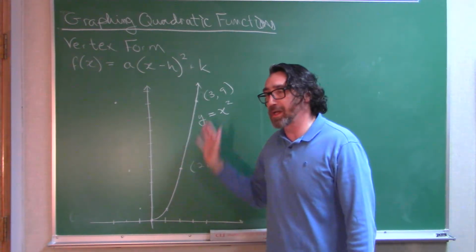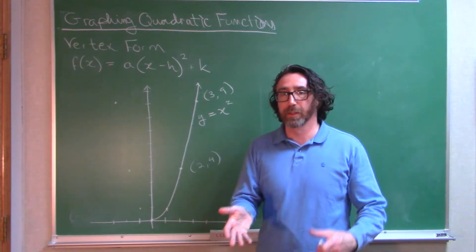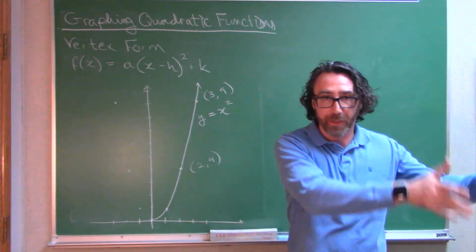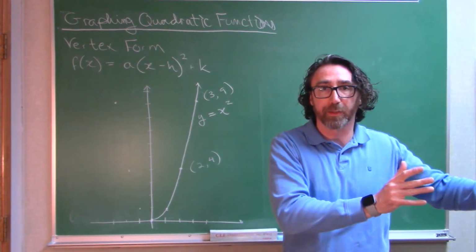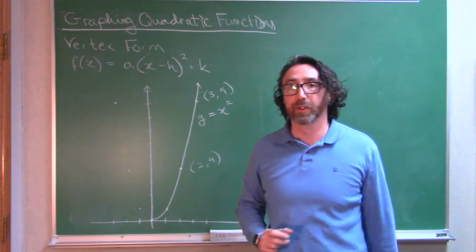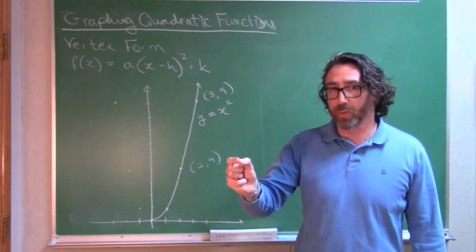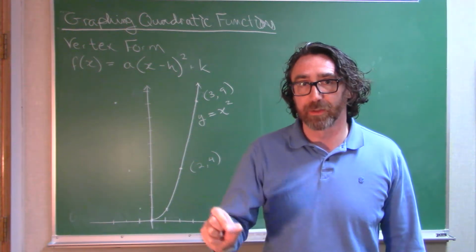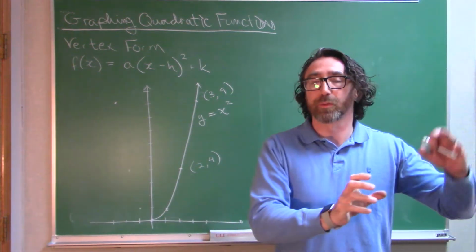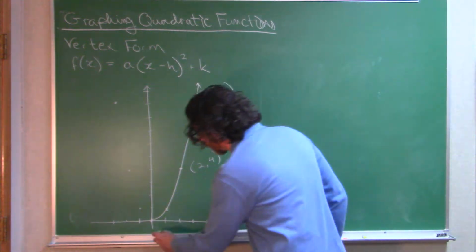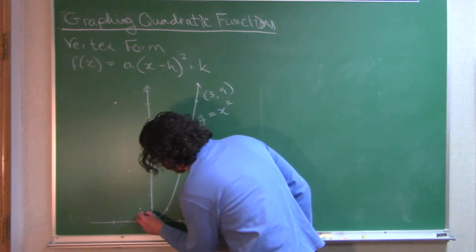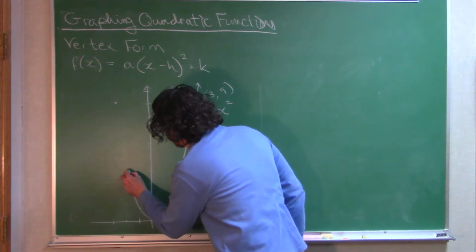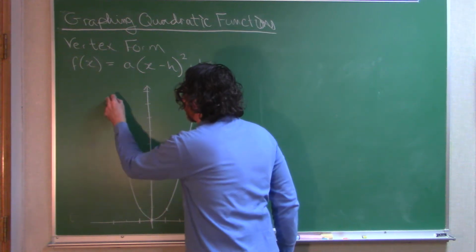If you take a positive number and square it, you're doing a positive number times itself. Positive times positive, you get a positive. If you take a negative number and square it, you are doing a negative number times itself. Negative times negative also gives you a positive. So we would have these points on the graph of our function.